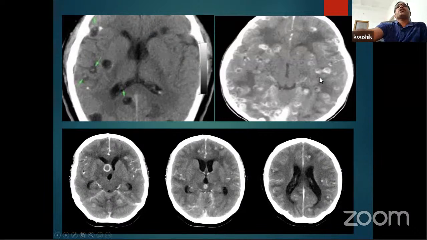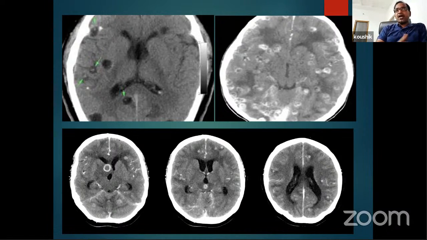This is a plain image. If we give contrast, we find ring enhancing lesions. These are the multiple ring enhancing lesions, and we find this central dot is enhancing and the peripheral wall of the cyst is enhancing. So this is in the case of NCC. And here come the tuberculomas. We don't find a central dot in tuberculomas, first thing.